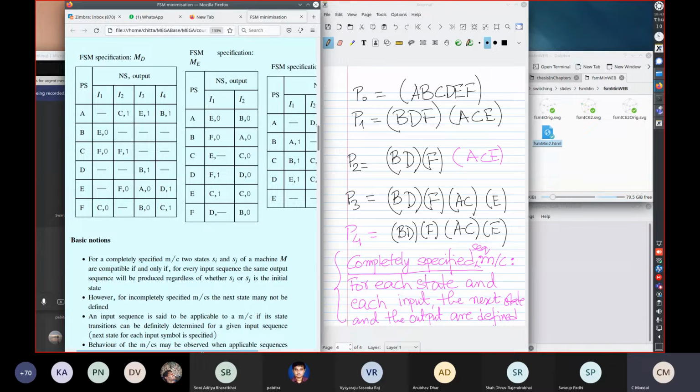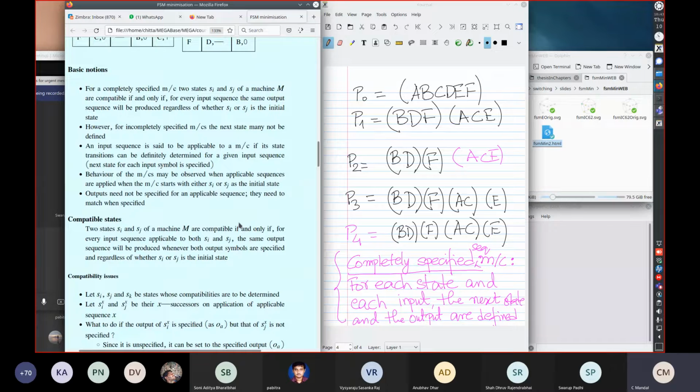So let us look at some basic notions. For completely specified machines, so far we have considered equivalence.